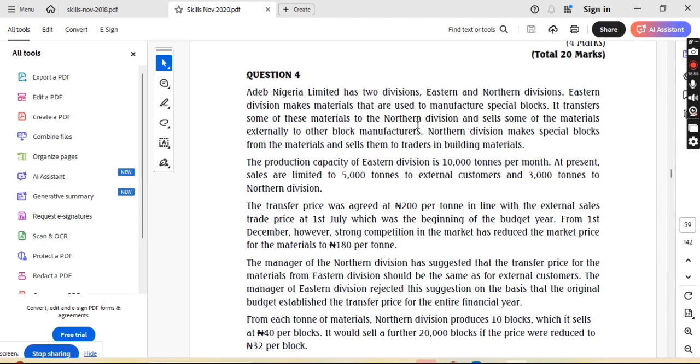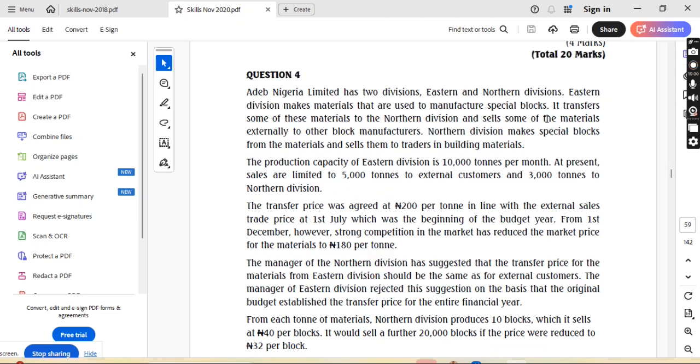Eastern will bring up the material, then Northern will convert that material and use it to produce what? Blocks. So the Eastern division will sell to Northern division and externally as well, right? So the Northern division is the buying division.